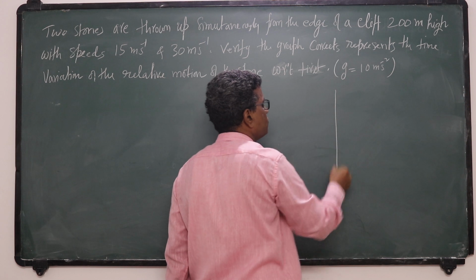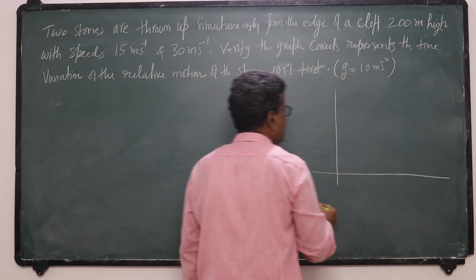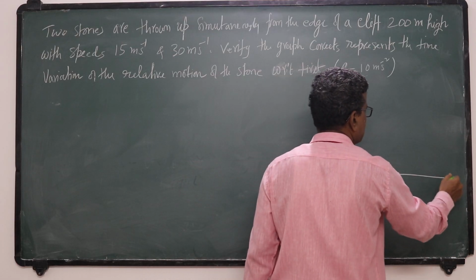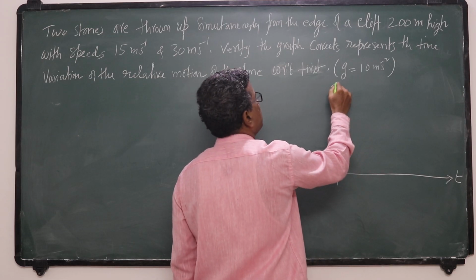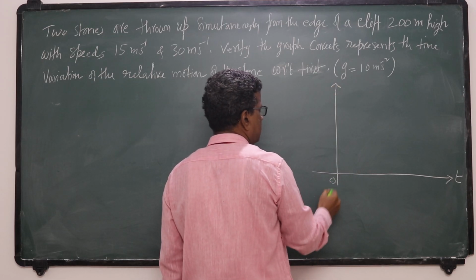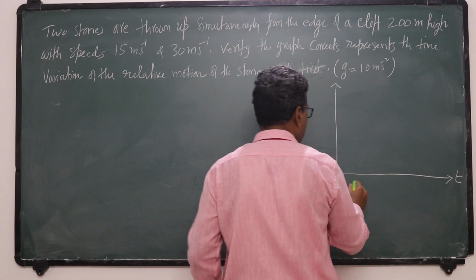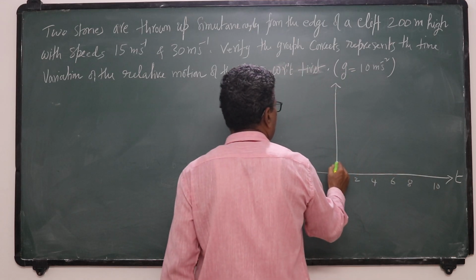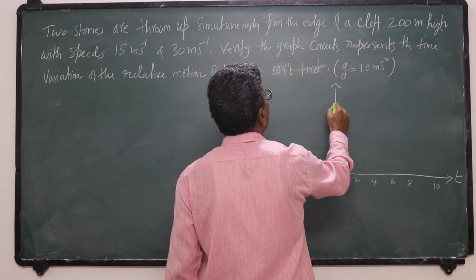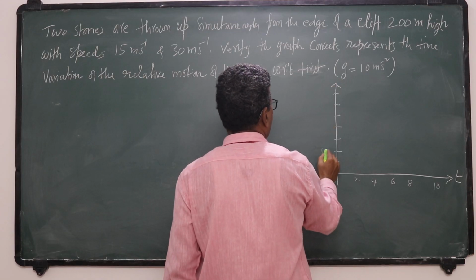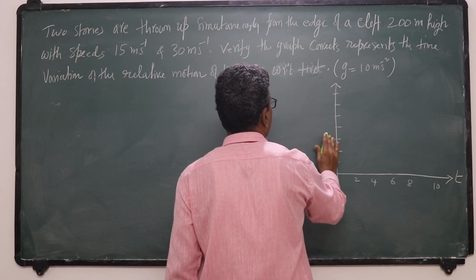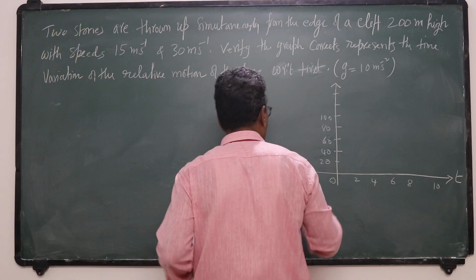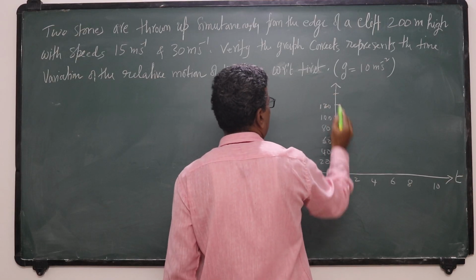So the graph is given. Here the graph is drawn for relative separation versus time. The x-axis scale is 2, 4, 6, 8, 10, and the y-axis is 20, 40, 60, 80, 100, 120, and so on.